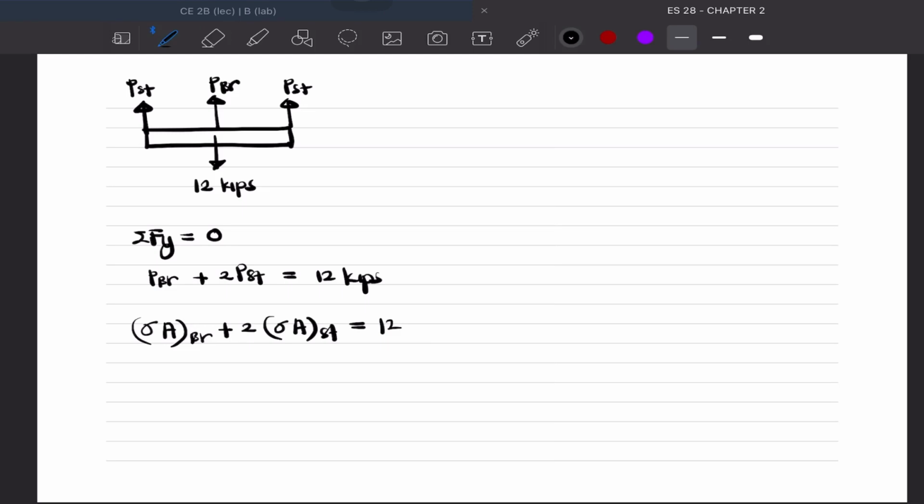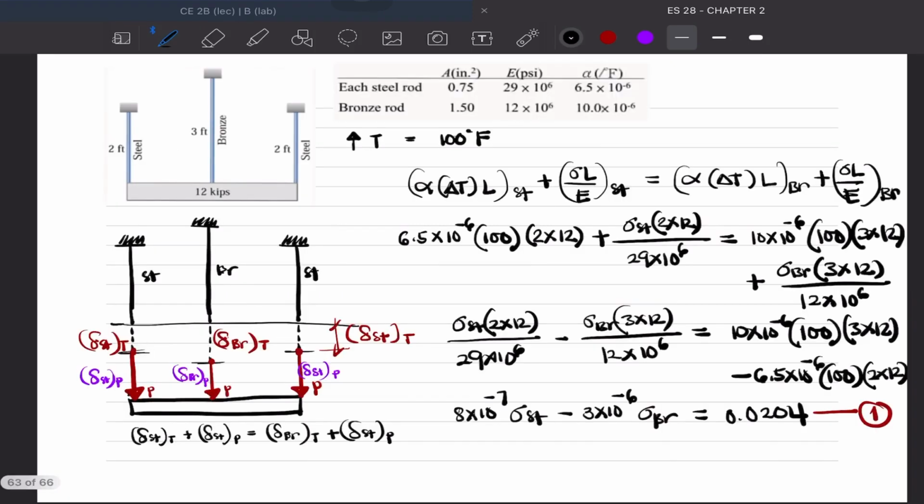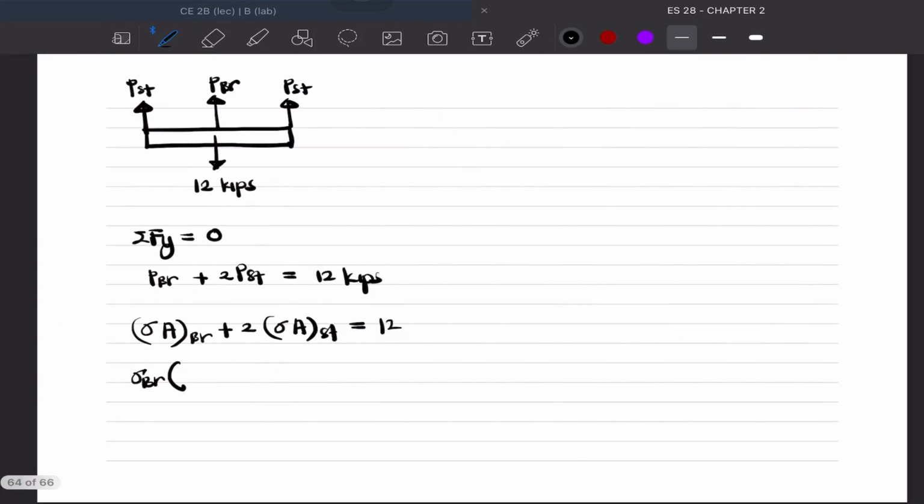Dayon, areas. Given man ang areas. Pa-simplify: stress sa bronze rod times area sa bronze is 1.5 inch squared. So, times 1.5 plus 2 stress sa steel times 0.75 inch squared equals 12.